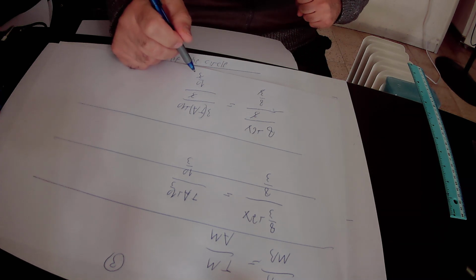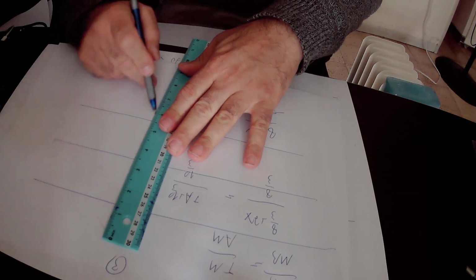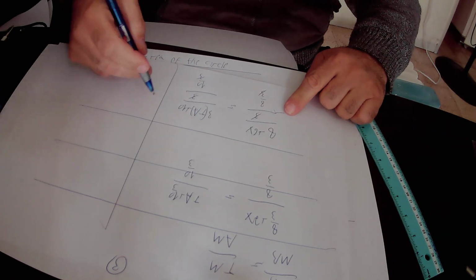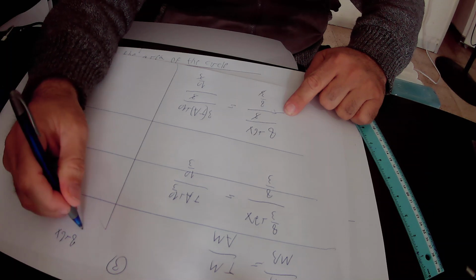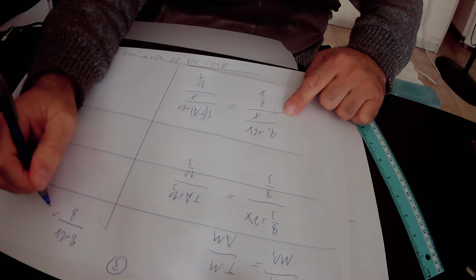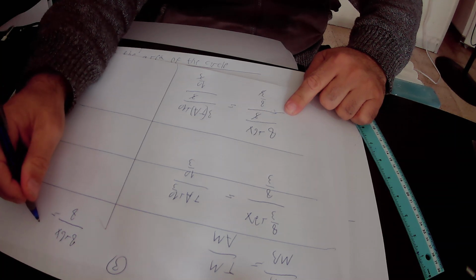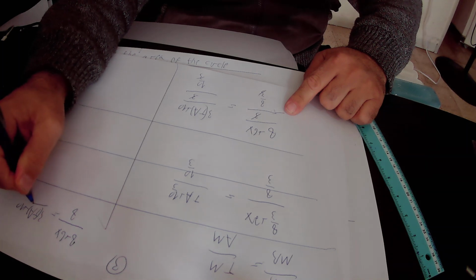What is left for this equation after we cancel 3? So here we have 8 plus 6x over 8 equals 3TA plus 10 over 10.